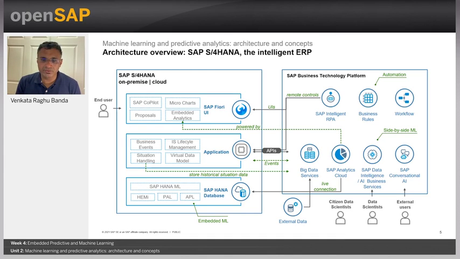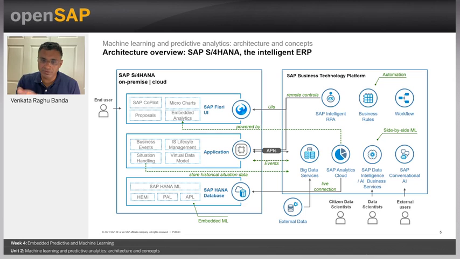And in the middle layer, you see your different virtual data model and the business events and the ISLM lifecycle management, which is the key ingredient in how we build these. And that is where you have your application sitting. On the bottom, you have your SAP HANA database, which is where you have your HANA ML layer, where you pick up either a PAL or an APL library, and then you build your embedded machine learning models.